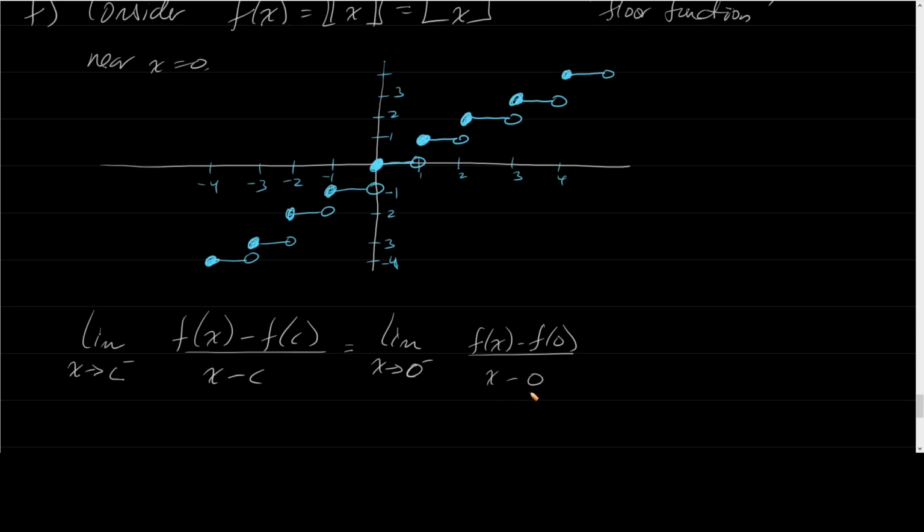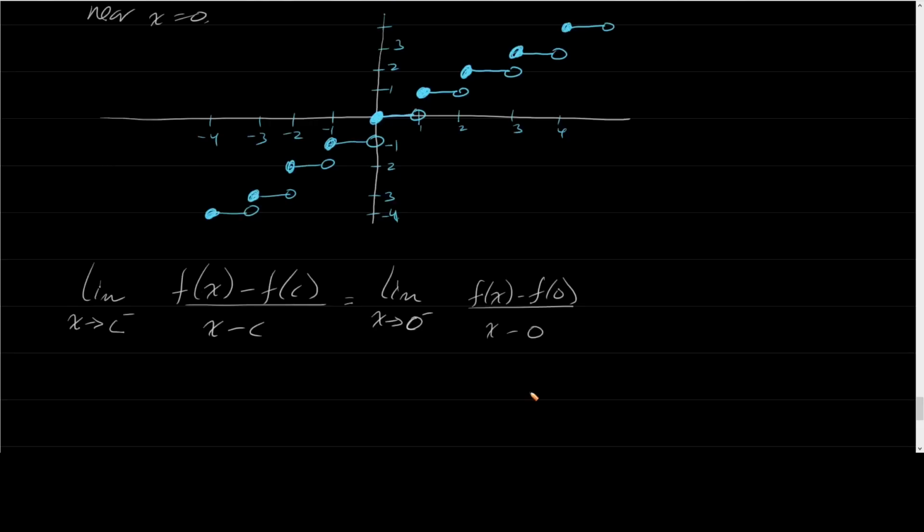What does that mean? That means we have the limit as x goes to 0 from the left of the floor function minus f of 0, the floor function with respect to 0, over x minus 0.